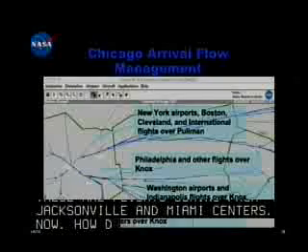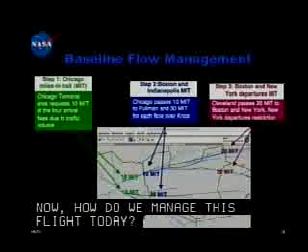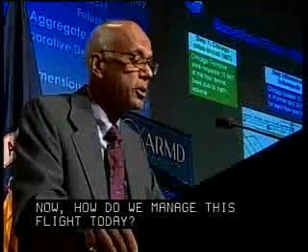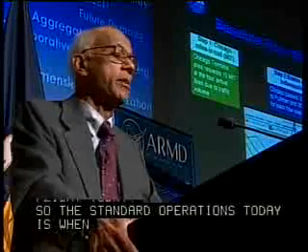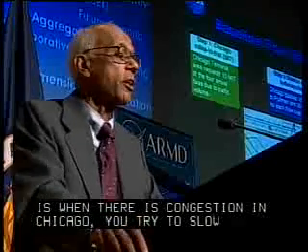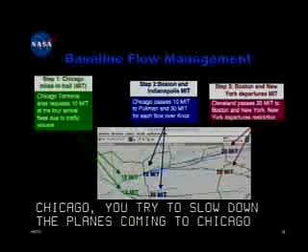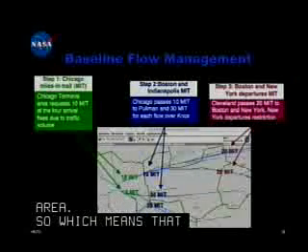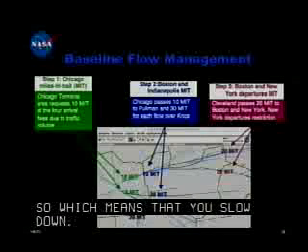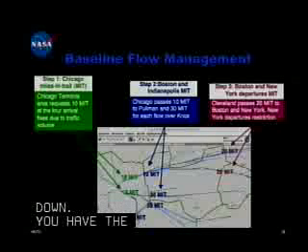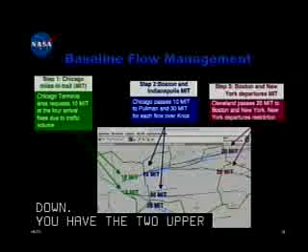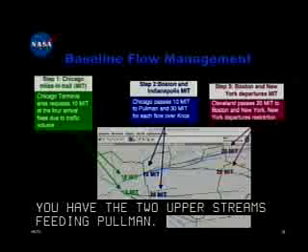Now, how do we manage this flight today? Next view graph, please. So the standard operation today is, when there is congestion in Chicago, you try to slow down the planes coming to the Chicago area. Which means the two upper streams feeding Pullman would be slowed down from 10 to 20.